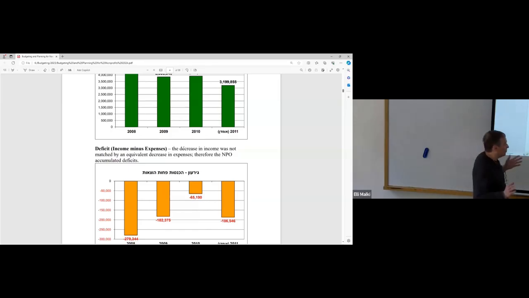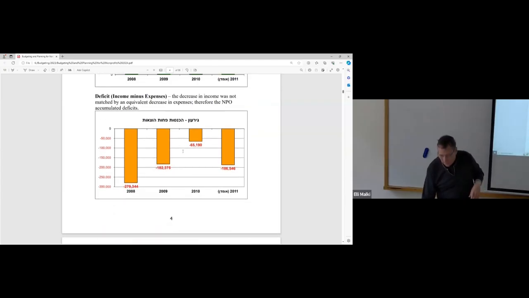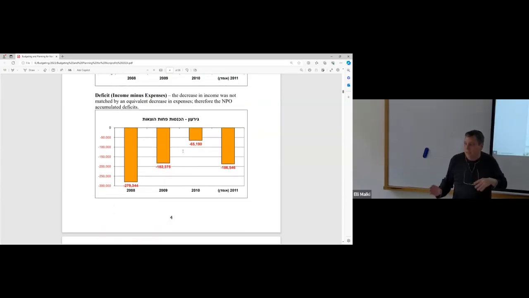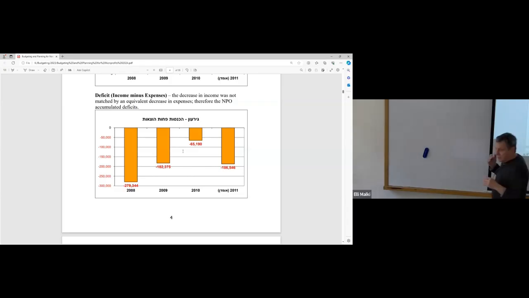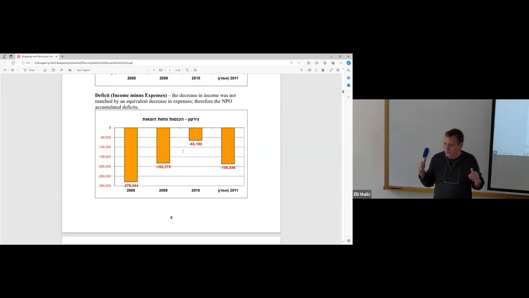Now, the reason that a recovery plan is, I would say, painful, is that when you are in a situation like that, it's not enough that you balance your budget. You have to create surpluses to cover the history, all the sins of the past, okay?